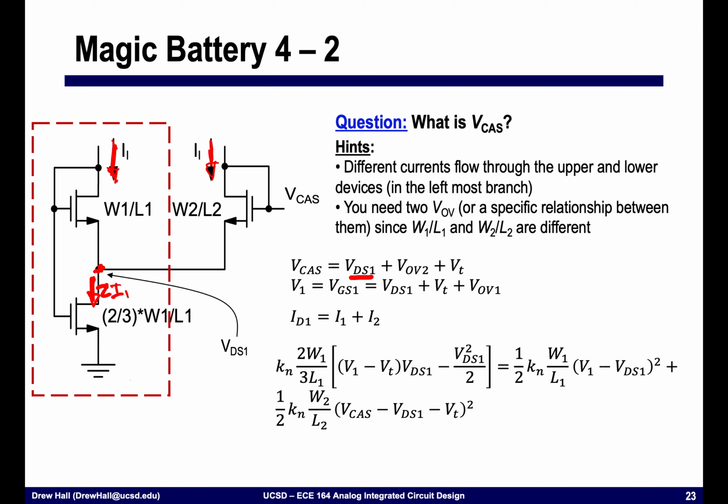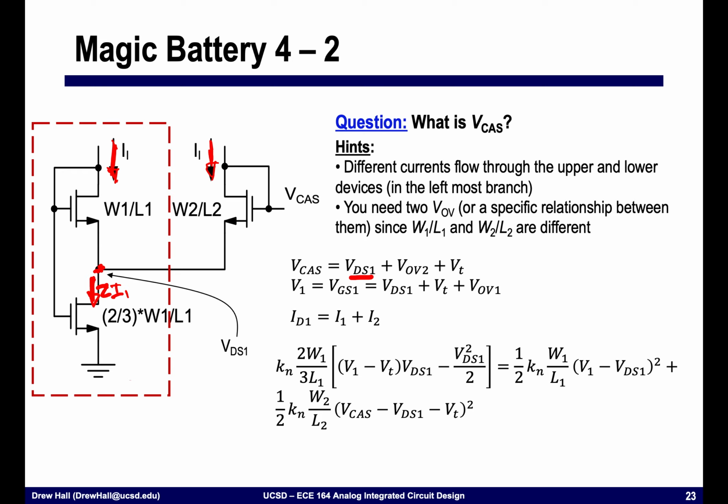And so we can set up this relationship with the size given the two currents, where Kn times 2/3 W1 over L1 times (V1 minus VT) times VDS minus VDS squared divided by 2 is equal to 1/2 Kn W1 over L1 times (V1 minus VDS1) squared plus 1/2 Kn W2 over L2 times (VCAS minus VDS1 minus VT).